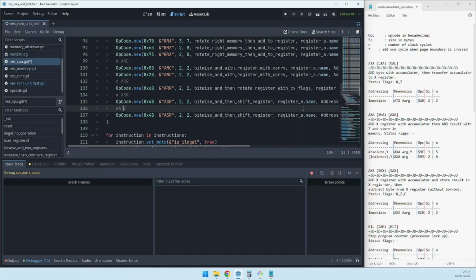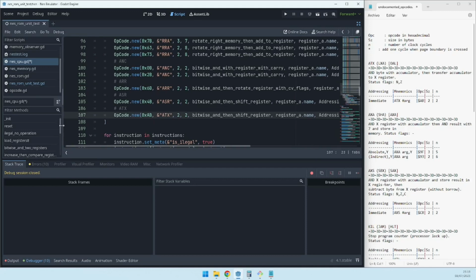ATX and transfer X. Code is AB. No, it's not AB. Oh yes, it's AB. I mistook A and 4 because they are similar. That was a little stupid.